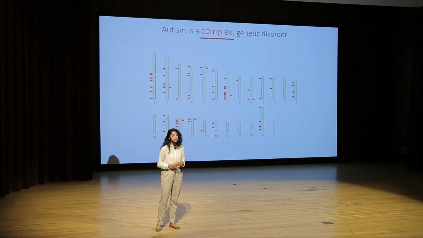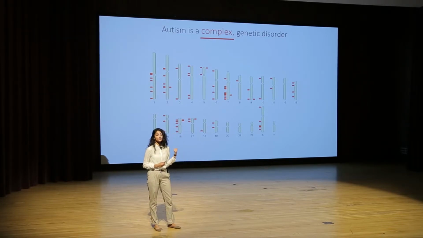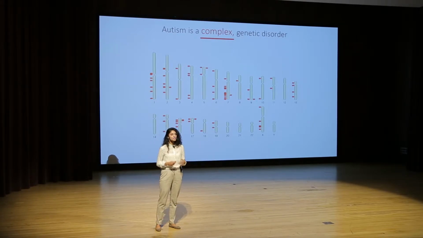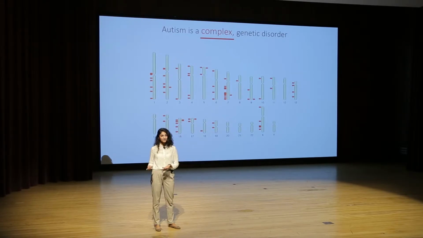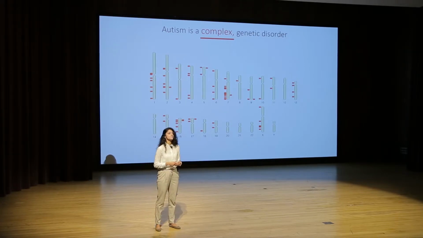But the genetics of autism are incredibly complex. What you see here is a depiction of the 23 chromosomes in our body, which contain the DNA code that makes us who we are today, sort of like the paragraphs in a book that make up the story of that book. The red dashes you see are those paragraphs, or the sets of genes that are involved in making autism happen.